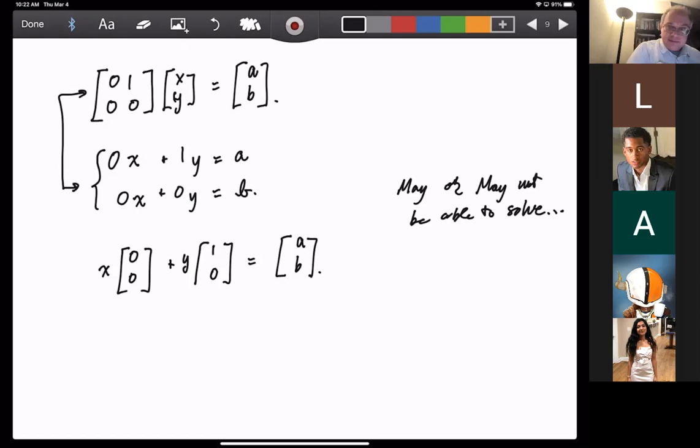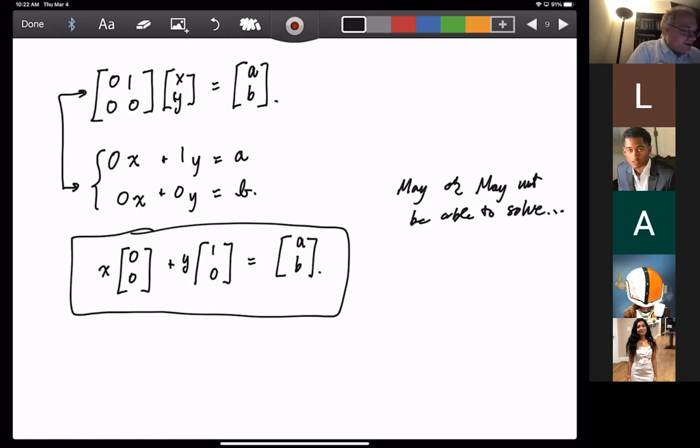Could you repeat that one more time? You said if what's not true, you can't solve it? We explicitly have our problem rewritten as a statement that I'm taking a linear combination of the columns of the coefficient matrix. This entry times the first column plus this entry times the second column is equal to the vector on the right-hand side.